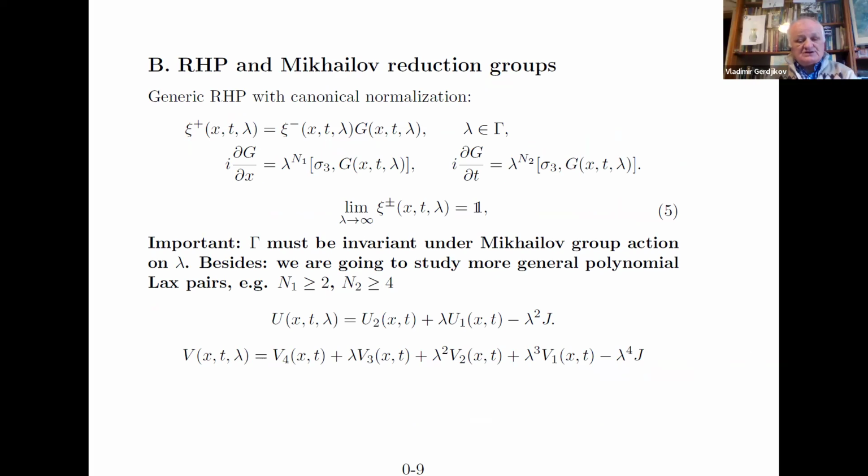Now, we have to give a better explanation of what the Riemann-Hilbert problem is and how the Mikhailov group acts on it. The Riemann-Hilbert problem, in the simplest non-trivial case, is that we have two regions of analyticity, one plus, the other minus.